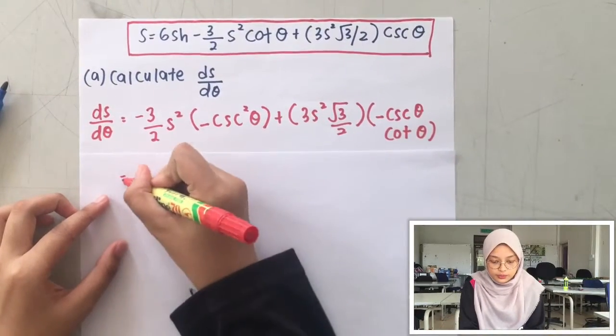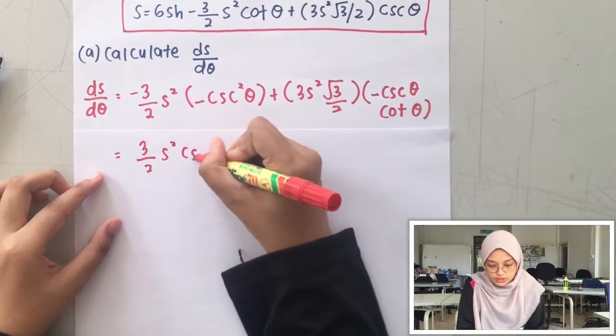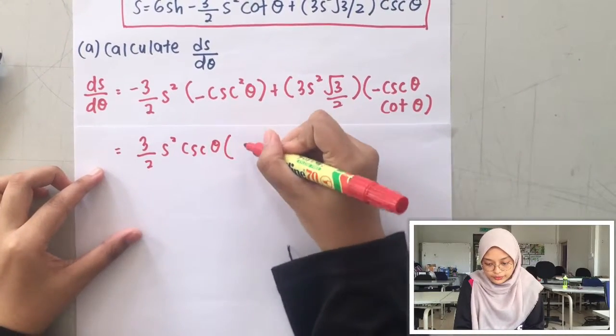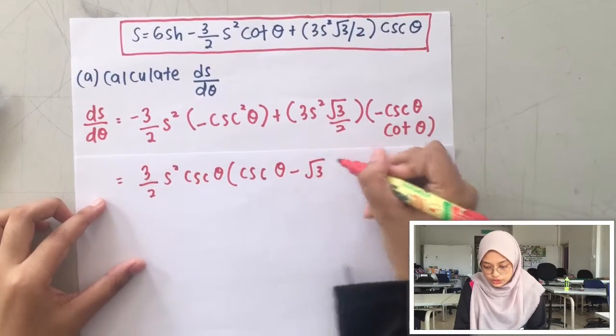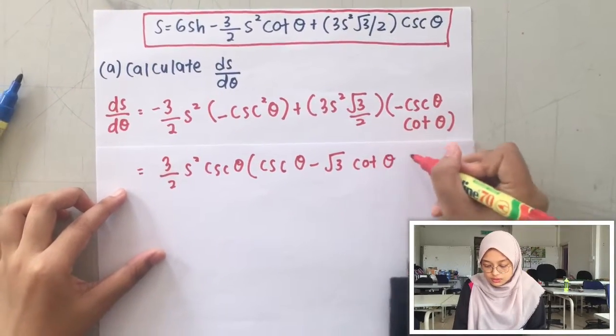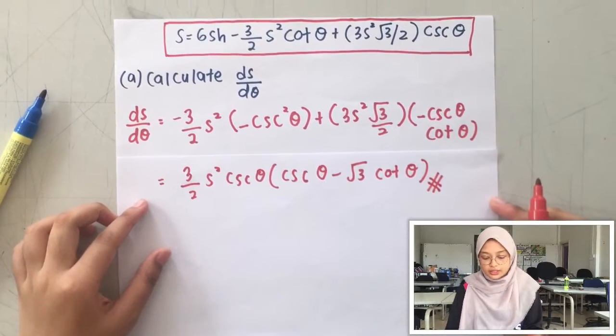So the answer will be 3 over 2 s squared cosecant theta, bracket, cosecant theta minus square root 3 cotangent theta. So this is the differentiation of the surface area S.